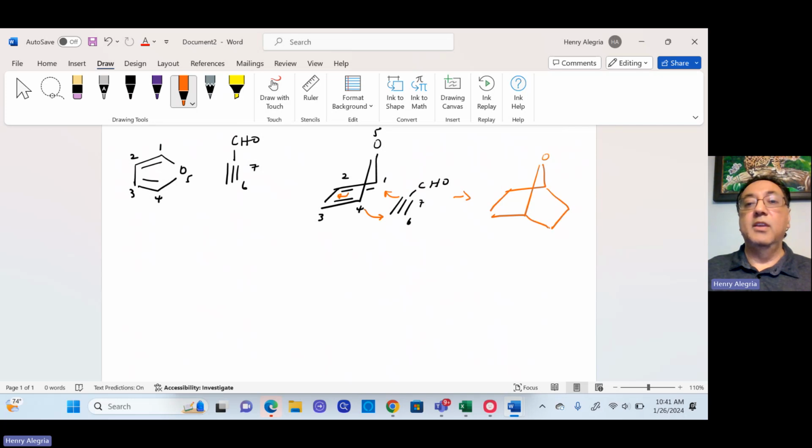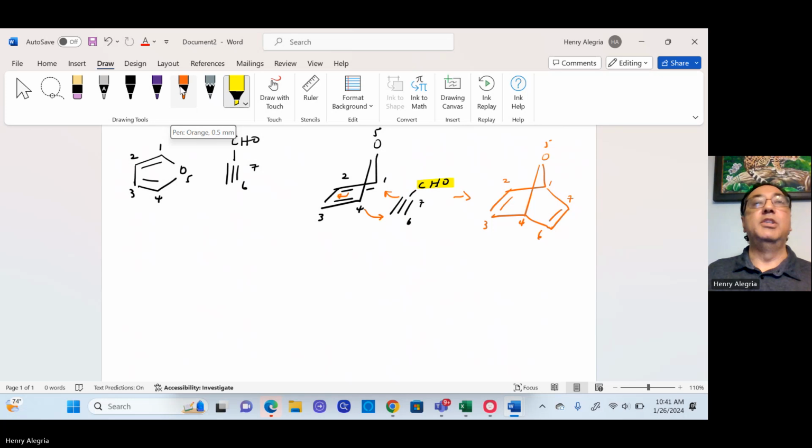But notice the following. I will have 2 double bonds, 1, 2, 3, 4. Oxygen is 5. This is 6, and this is 7. Now, where will your substituent end up? The thing to consider is what you already know about geometry based on hybridization.